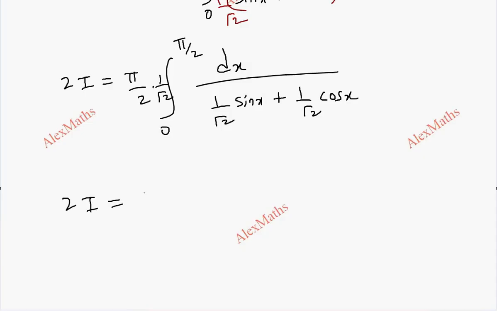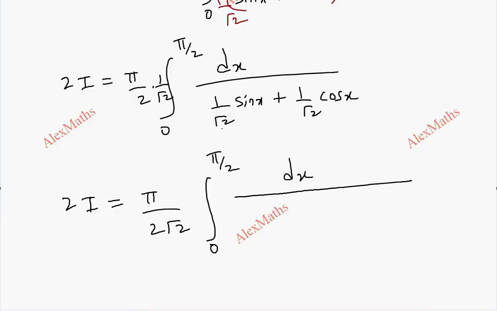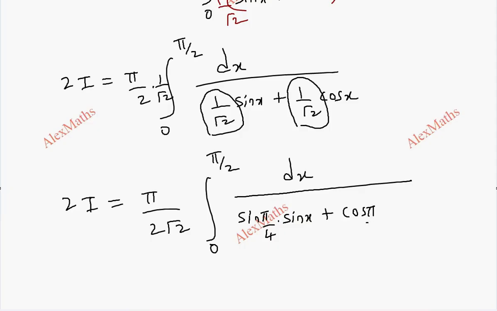So 2I equal to pi by 2 root 2 integral 0 to pi by 2 dx by this 1 by root 2, I am going to write it as sin pi by 4, because sin pi by 4 is 1 by root 2. Then sin x. Then this 1 by root 2 I am going to write it as cos pi by 4. So cos pi by 4 into cos x.